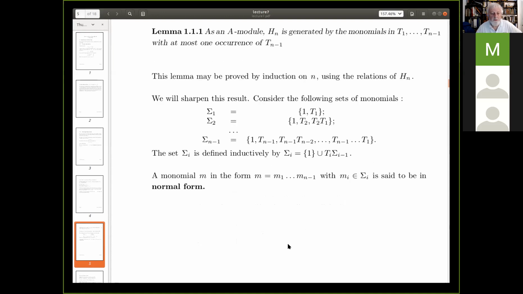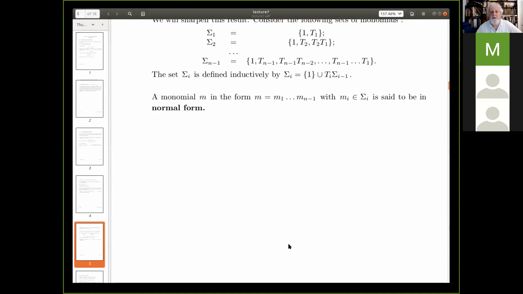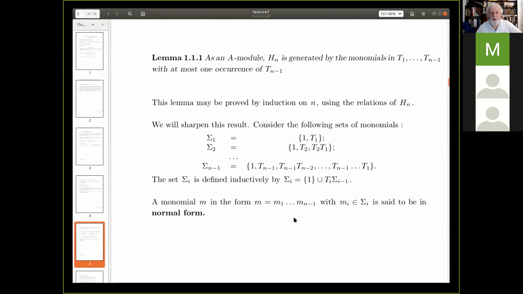If you think about M1, for instance, it belongs to sigma 1, which is just 1 or T1. There are two ways of choosing M1, and then M2 belongs to this set, so there are three things there. What I'm trying to say is the number of ways of choosing M is 2 times 3 times so on times n, which is n factorial.